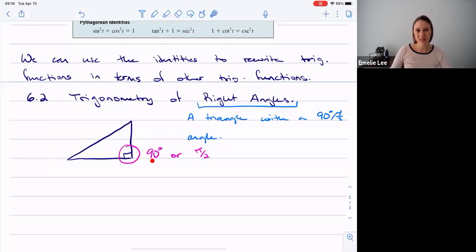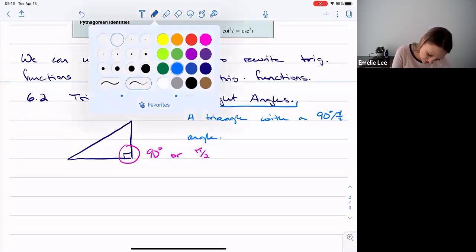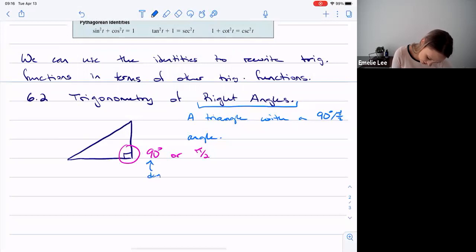We talked about degrees versus radians, and we also established how we move between the two. I want you to focus your attention on the radians, right? But for this section specifically, we might gravitate towards degrees because it's a little bit easier to think about. But we could be in either degrees or radians. Let me just write that down here.